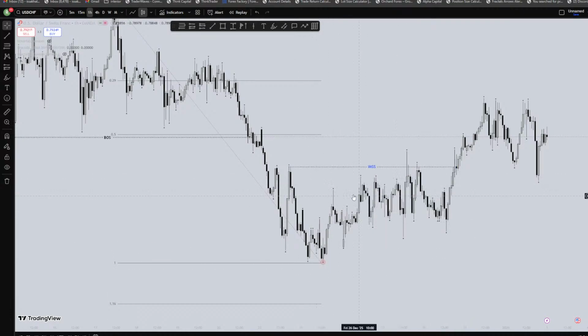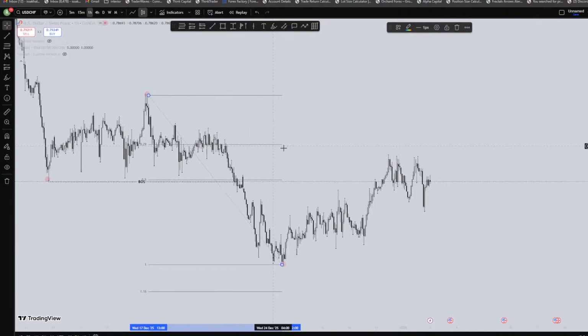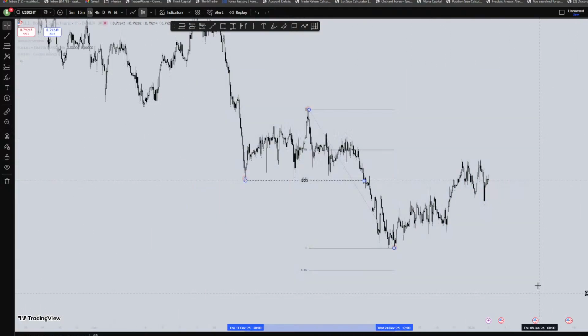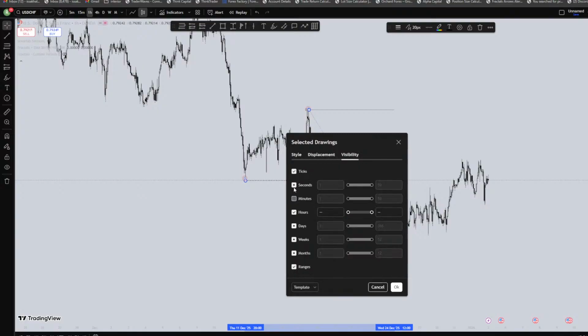Then you have internal breaks of structure here. So basically you now can trade in. Okay, so no setup.